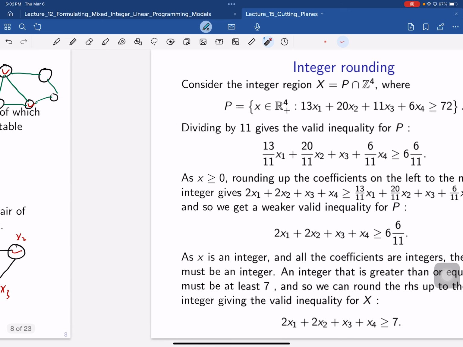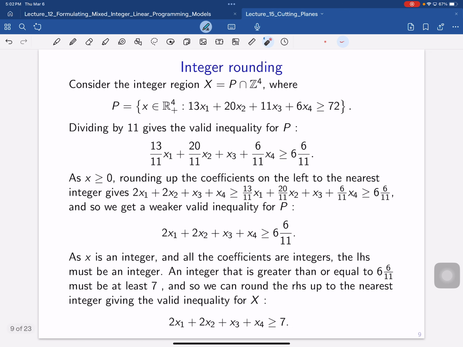Now, as you can see in the first few small examples, the rationale we used to derive the valid inequality comes from the logic of the problem, like clique inequalities or rounding the big M. But there are other, more general inequalities we can derive based on rounding some fractional variables.